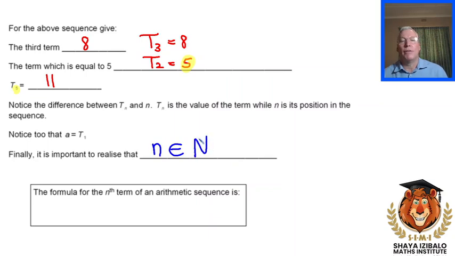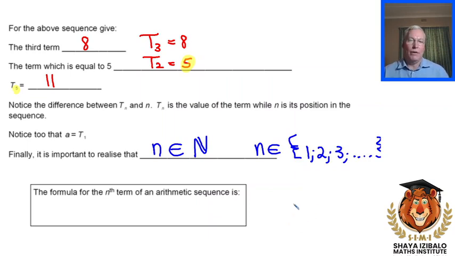So n is an element of this set of numbers, starting with 1, then 2, then 3. We cannot have the 3.5 term. The term numbers have to be whole numbers.